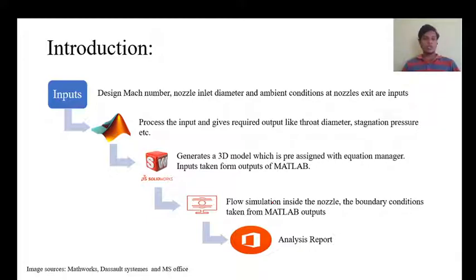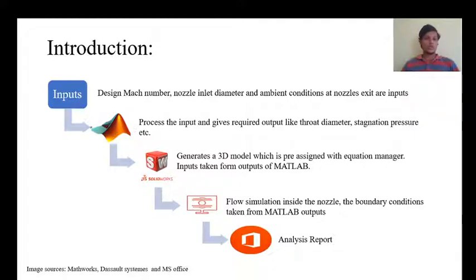Okay, and these are the contents, and this is how the process will go on. The first thing is we have to give the inputs to the MATLAB program and the MATLAB graphical user interface, and this interface will give us the nozzle diagram and the nozzle outputs or nozzle parameters, geometrical parameters, or flow parameters as the boundary conditions.